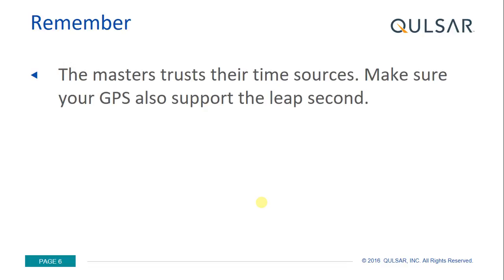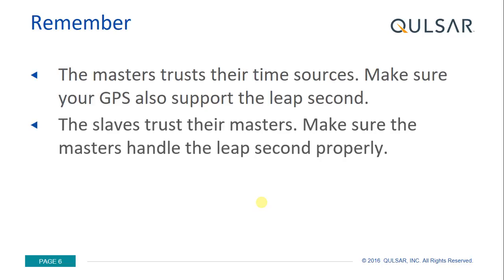You have to make sure that the GPS receiver, which produces time in UTC format to the Qulsar master, properly handles the leap second as well. And Qulsar devices acting as slaves in the network will of course always follow the time of the master. And if the master doesn't handle the leap second properly, the slaves will follow that and not update their leap seconds properly either.